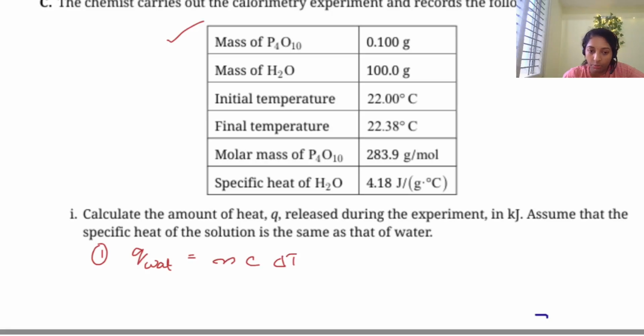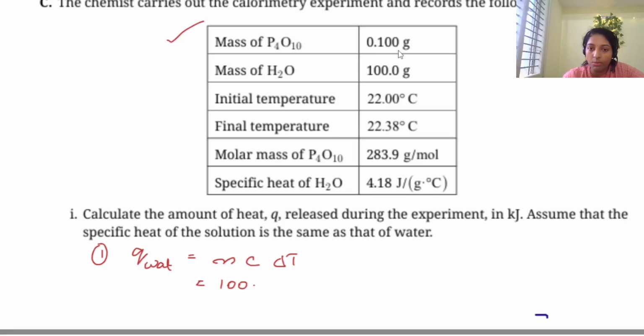So what's the equation? Q = mc delta T. Be careful: m is not the water alone. m means the combined mass. If the substance is dissolved, then the combined mass has to be taken. So 100 plus 0.100. For the significant figure rule with addition, use the lowest decimal place. That many decimal places should be in the answer.